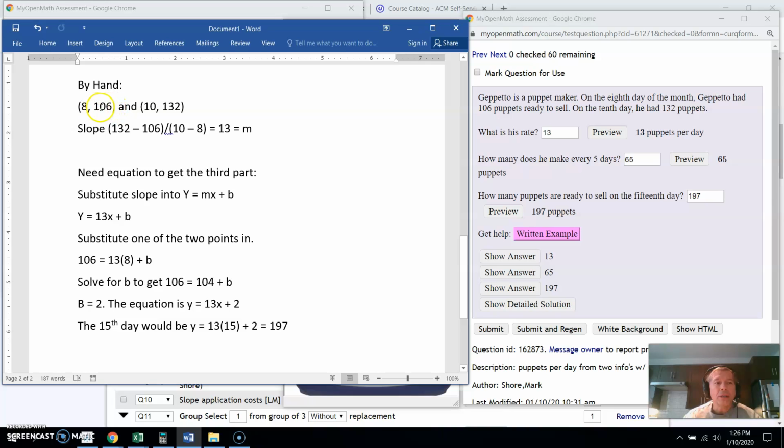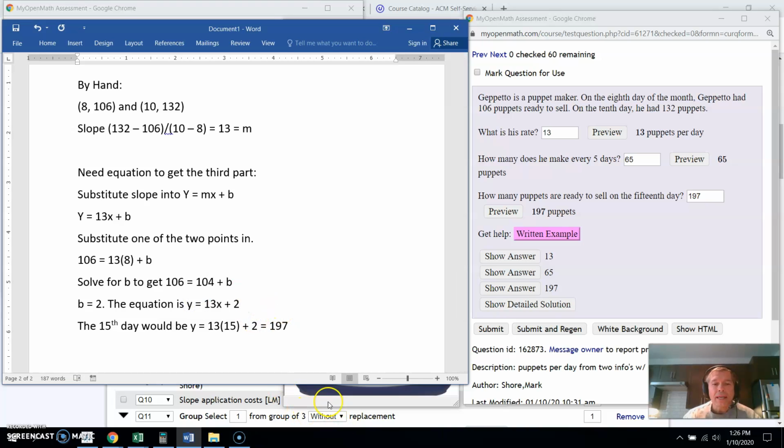So I substitute 106 in for y and 8 in for x into this equation. Here's what I have: 106 equals 13 times 8 plus b. 13 times 8 is 104. Then I just subtract off the 104, and I get that your b, your y-intercept, is 2. So that's how, if you did it by hand, you would get that equation.